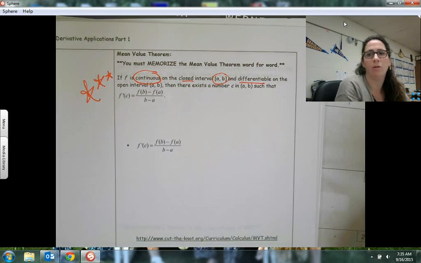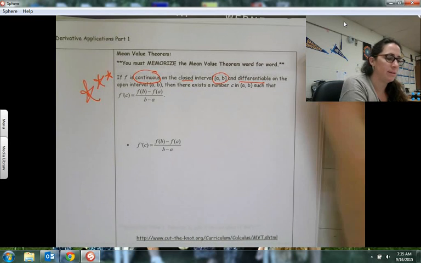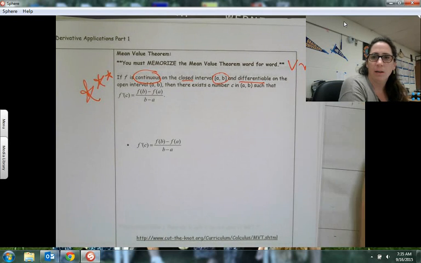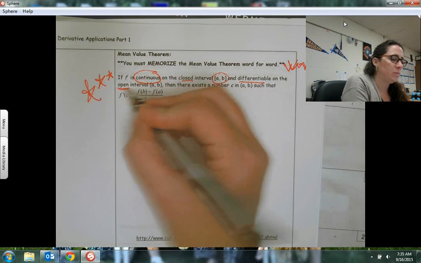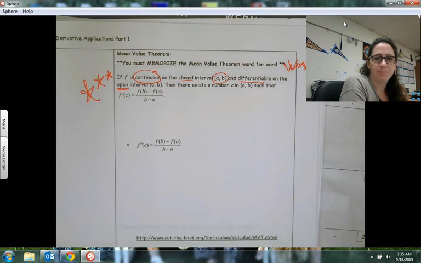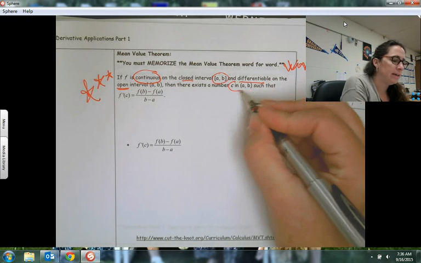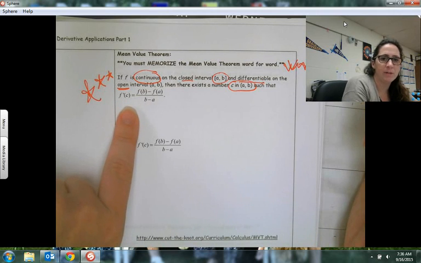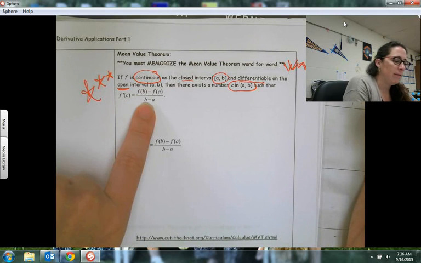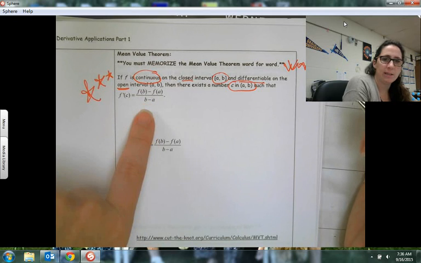There are no sharp points or cusps or anything like that. So it's differentiable on the open interval from A to B. Then there's going to be a C in that interval such that f prime of C equals f of B minus f of A over B minus A.